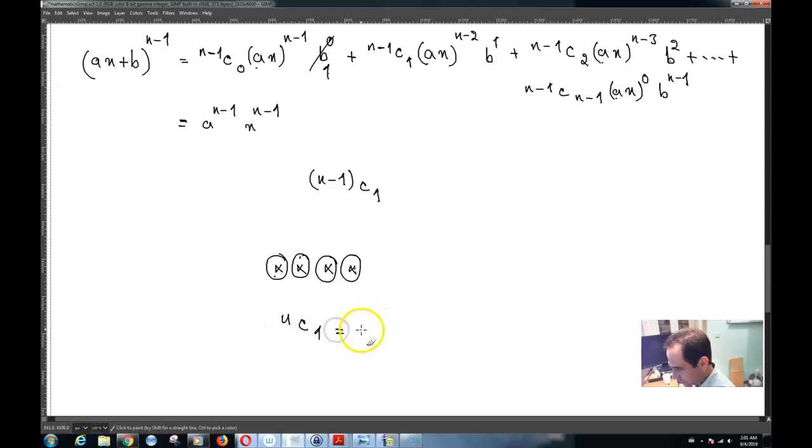Meaning that 4 combination 1 is equal to 4, because 4 combination 1 is equal to 4 factorial over 4 minus 1 factorial times 1 factorial.